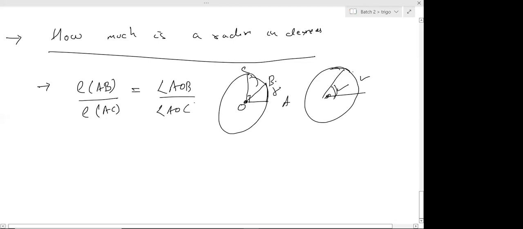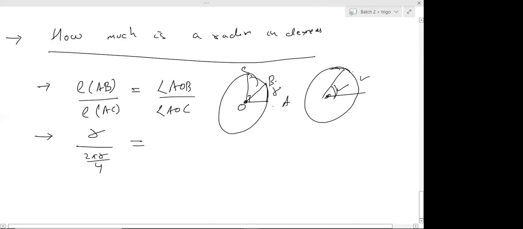Right? This is very clear. Length of AB is R. Length of AC, this is a quarter of a circle, and that is 2 pi R upon 4.